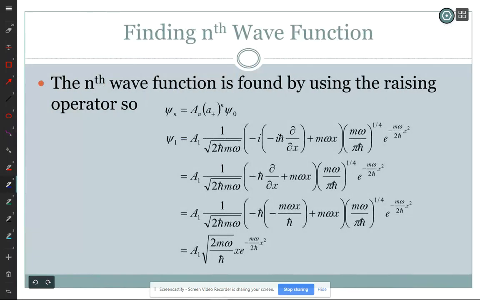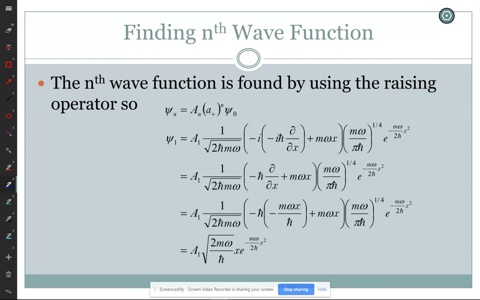And that's going to be useful to us because if we want to find, let's say, psi sub 4, the fourth eigenfunction, the fourth eigenstate, then we can do that by doing the raising operator 4 times. The only issue is we do need to normalize still.